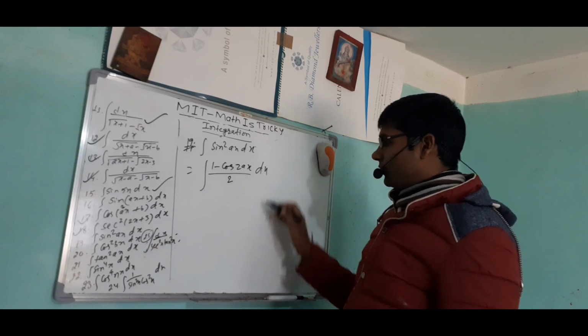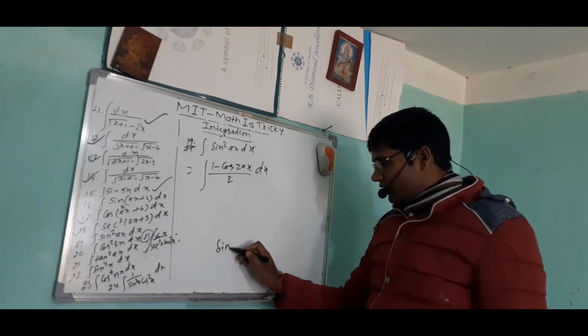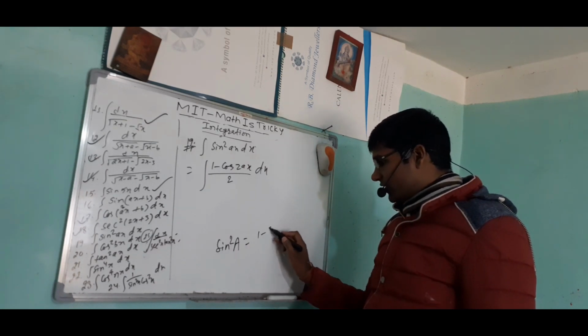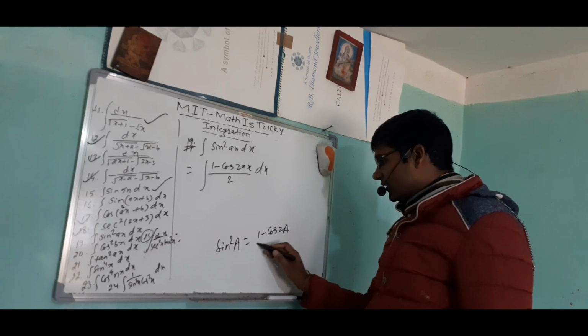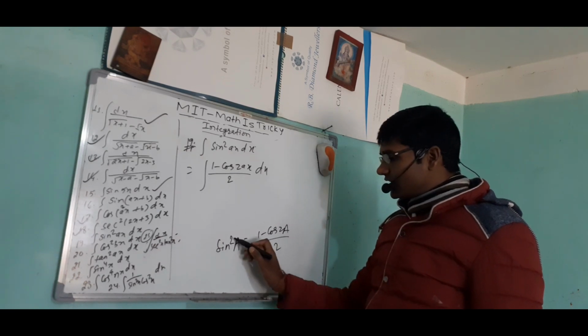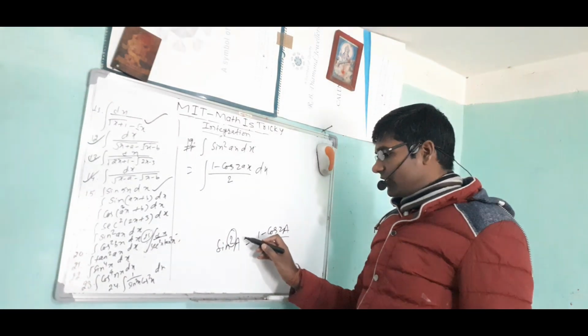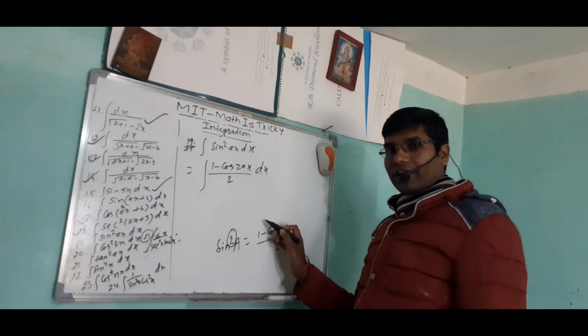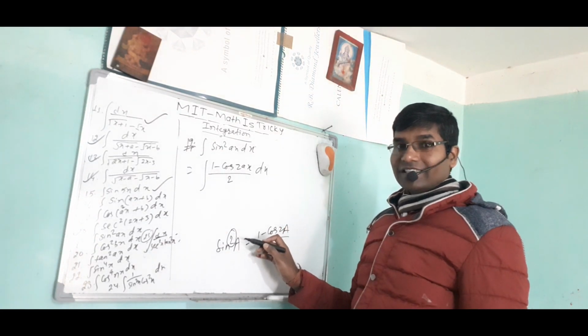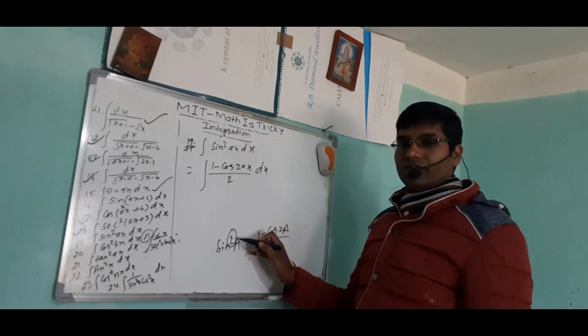I'm just using one formula here: sin² a is simply (1 - cos 2a)/2. So remove this square; if there is a cube, you remove that too. You have to change this in terms of angle. We have to use some formulas so that it will be changed into angle.